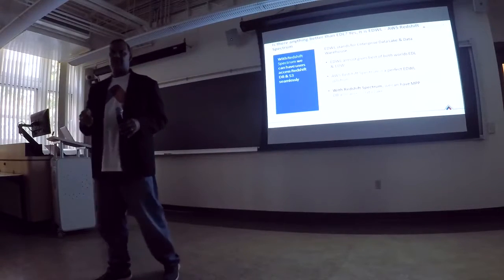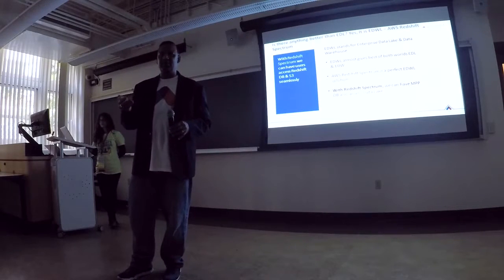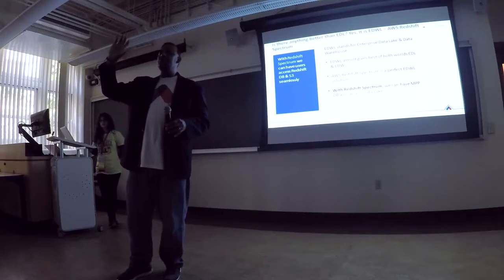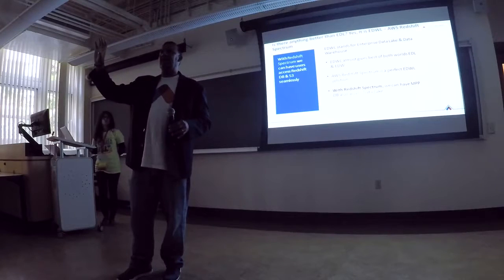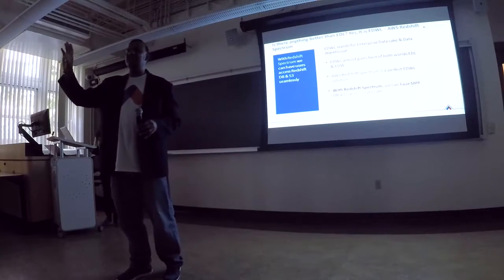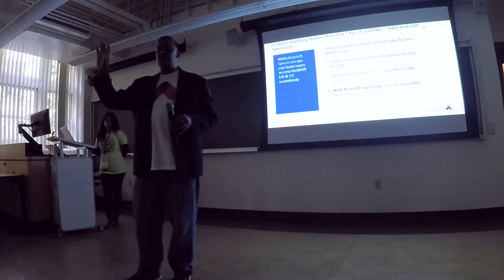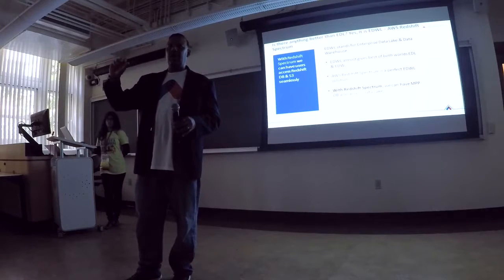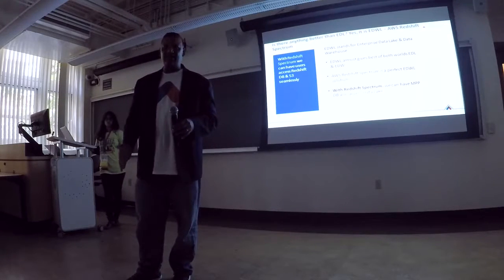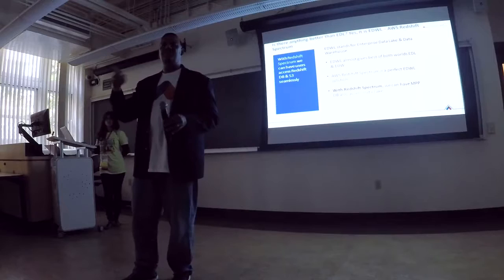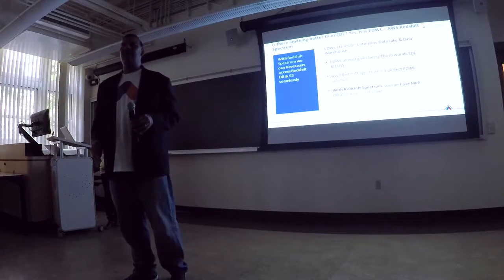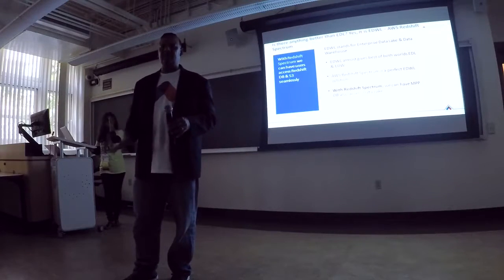With Redshift Spectrum, they are now creating a capability where, let's assume you have 2 years of data, 2017 and 2016, in your Redshift, and everything else you archived in an S3 bucket. So 2015, 2014, 2013 is in archive S3 bucket files.